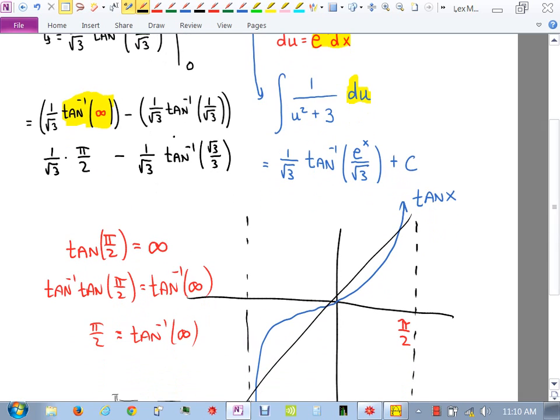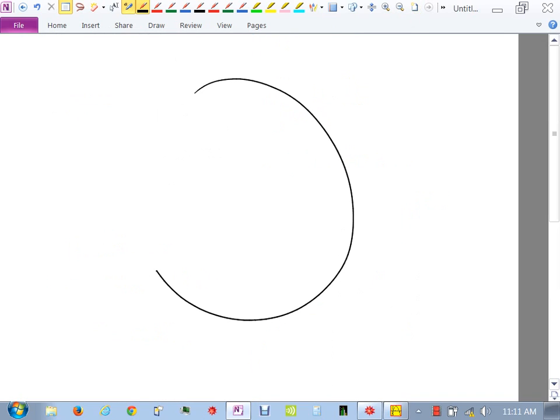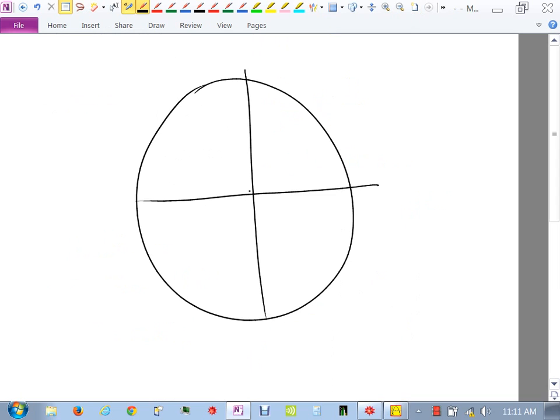So we have to figure out what this is now. That one's a little tough. The way you'd get that, though, is to know the unit circle real well. If you go out to pi over 6, the coordinates here are root 3 over 2, 1/2. So at pi over 6, what's tangent of pi over 6?